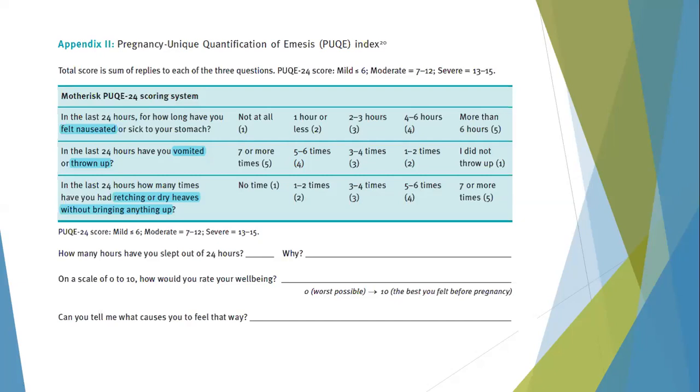So no time, 1 to 2, 3 to 4, 5 to 6, 7 or more. These are the same numbers as the question before. If you saw it, yes, it is the same. Almost everyone is the same except for the first one. You will find a small difference.